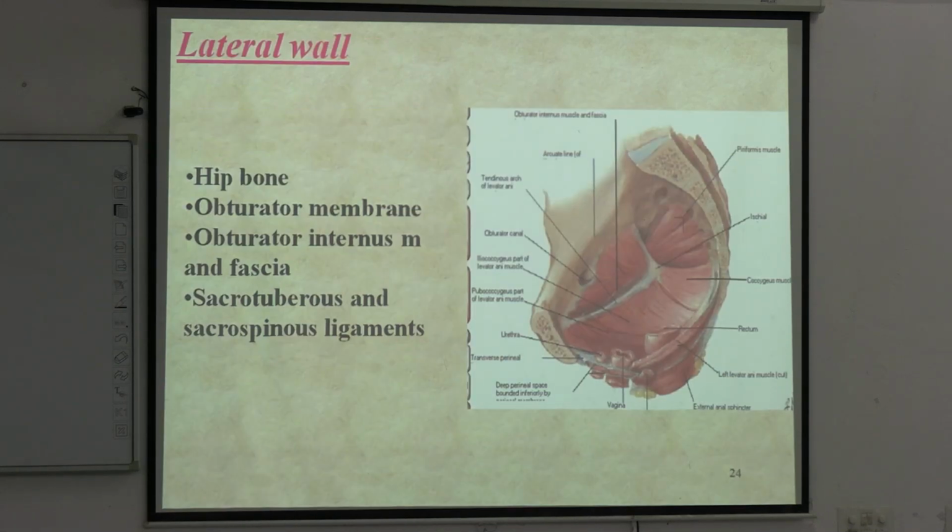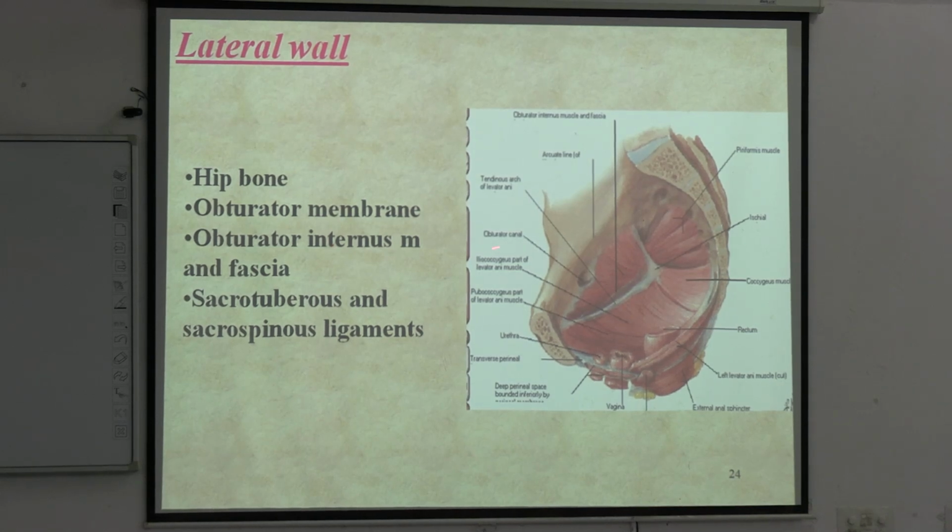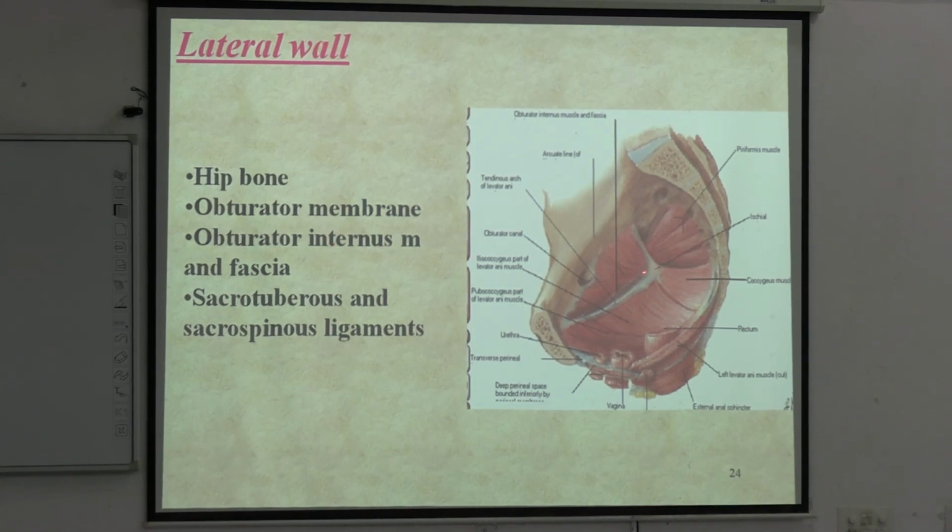So this lateral wall is formed by the hip bone. You are seeing the lateral side of the right side. Here we have the obturator foramen, which is closed by the obturator membrane. On top of that, we have a muscle, obturator internus, which is covering this, and a ligament present, the sacrotuberous, running from the sacrum to the ischial tuberosity.